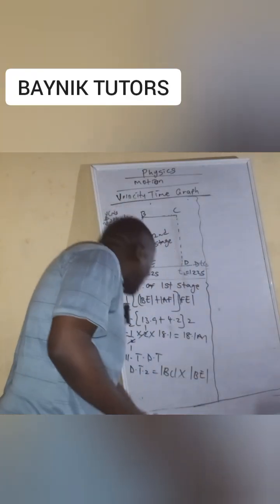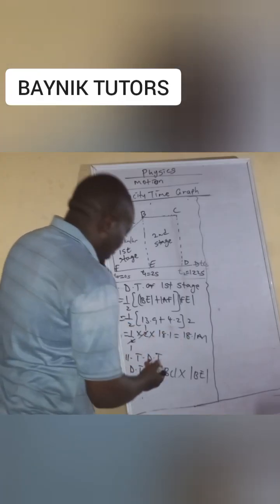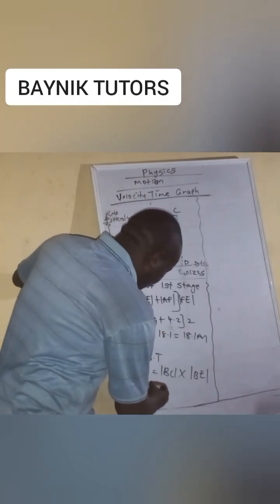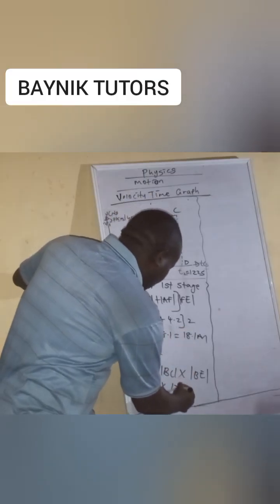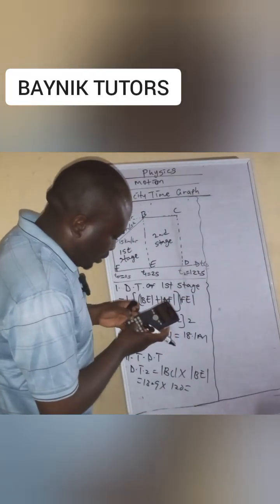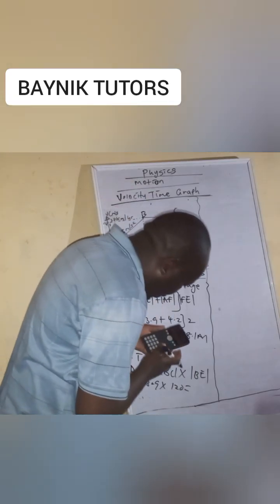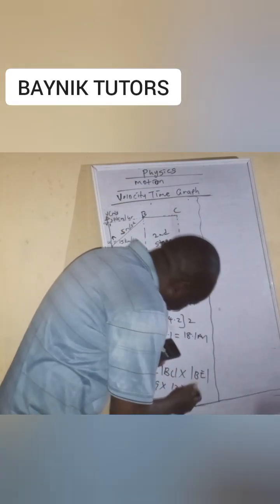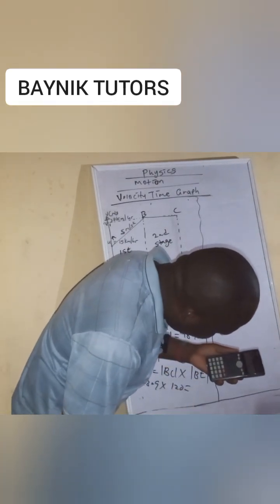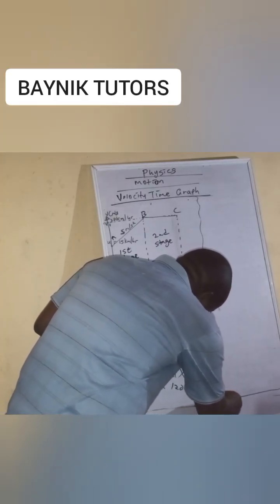So BC is 13.9 multiplied by 120. 13.9 multiplied by 120 is 1668 meters.